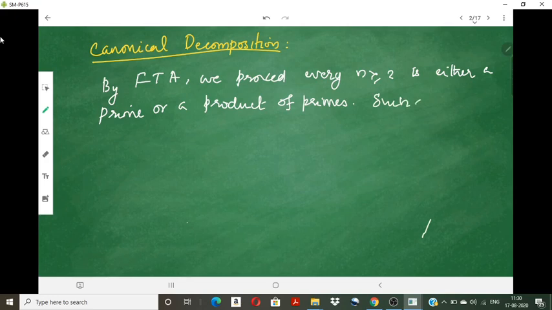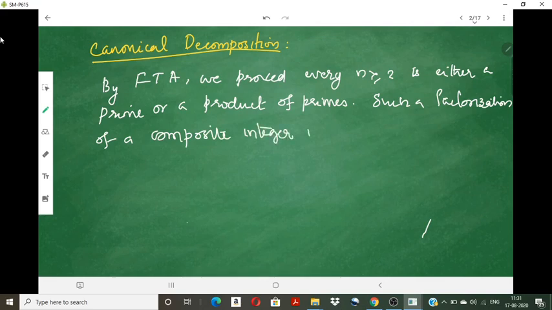Such a factorization of a composite integer n into primes is called a prime factorization of n.